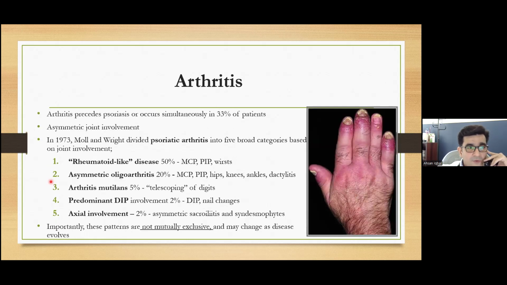Now, arthritis proceeds in only about 33% of the patients early before psoriasis, but mostly it is seen with psoriasis. There are different types of arthritis which have been postulated towards psoriatic arthritis, but the most common type is rheumatoid-like disease.